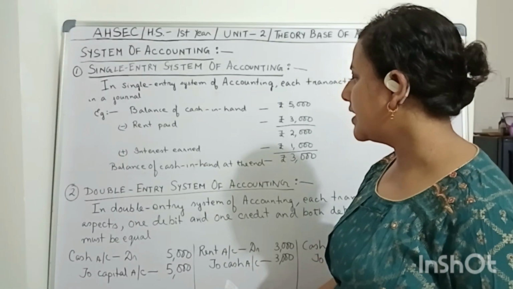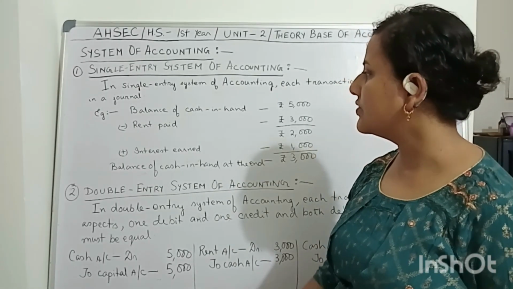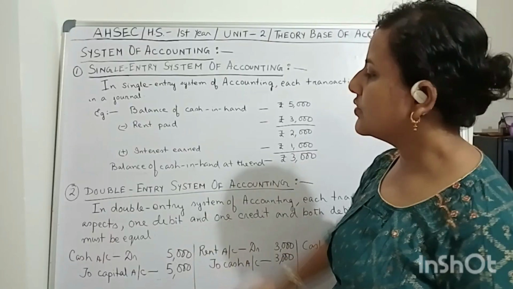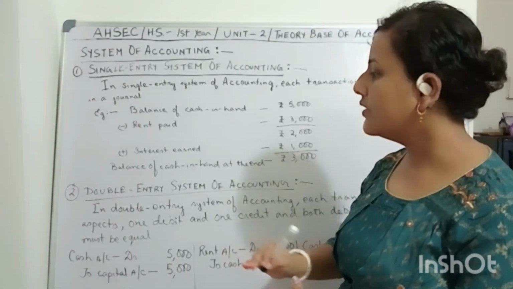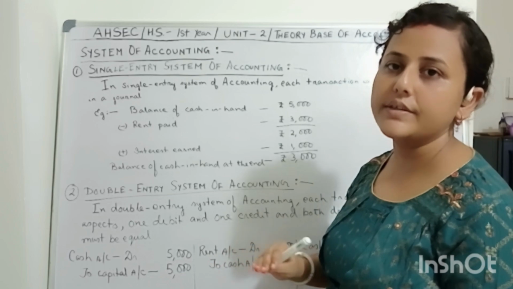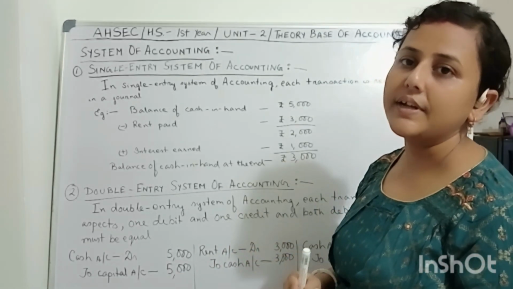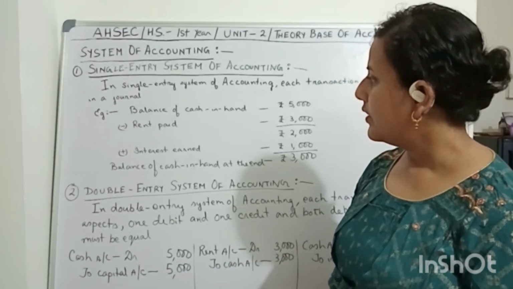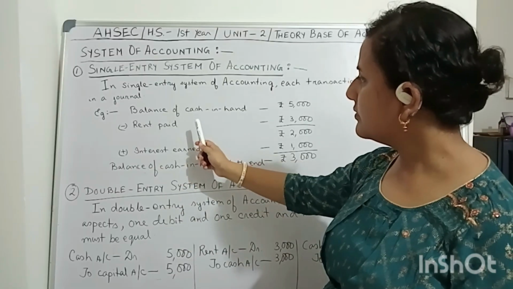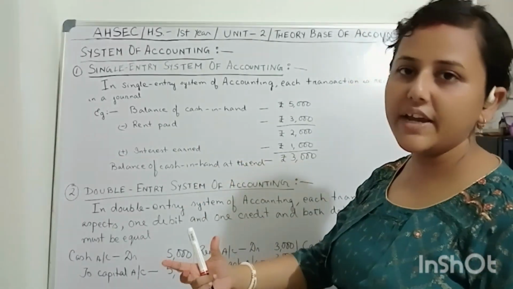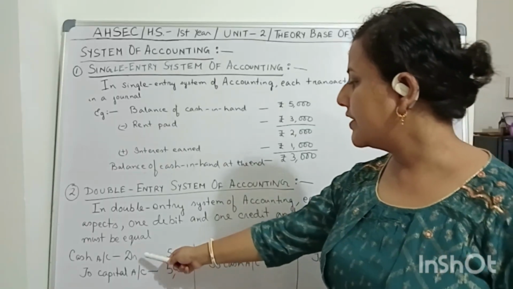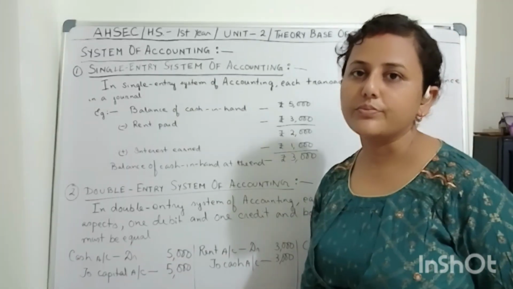Now in case of the double entry system of accounting, you see these transactions are recorded, or you can say they have two aspects. One debit aspect, another one is credit aspect. So first you see, cash introduced into the business or cash in hand, cash account debited to capital account.